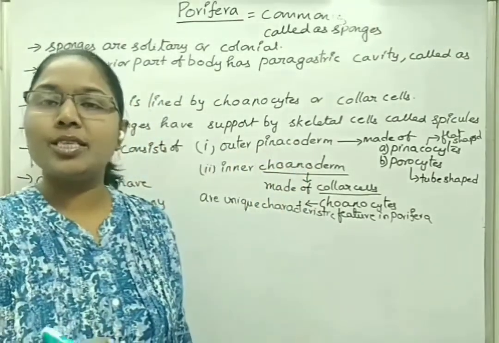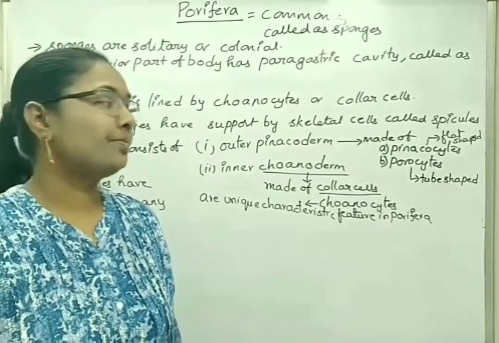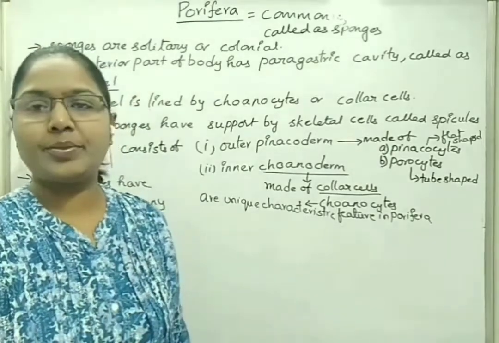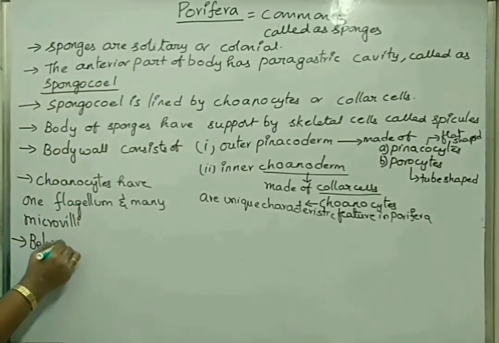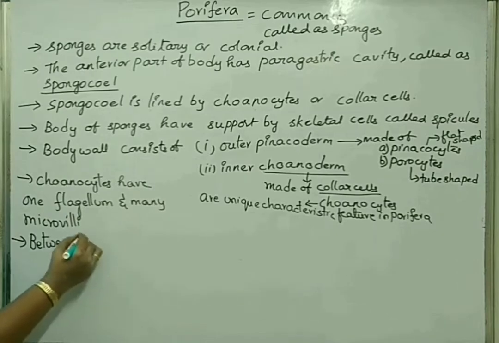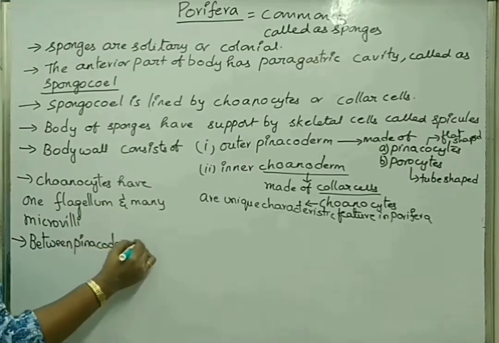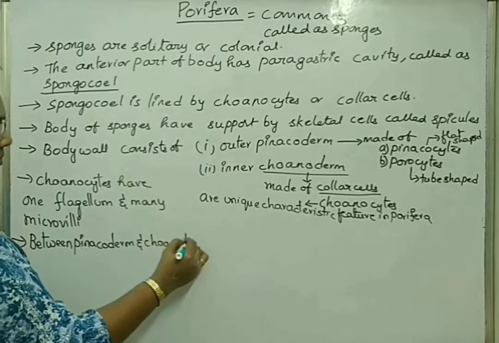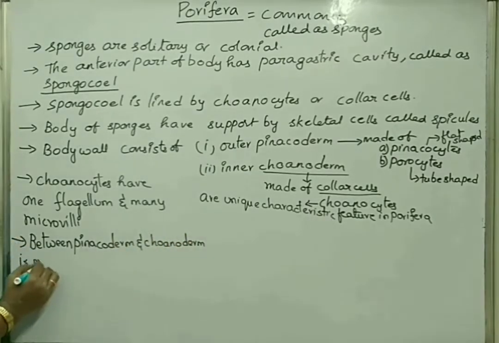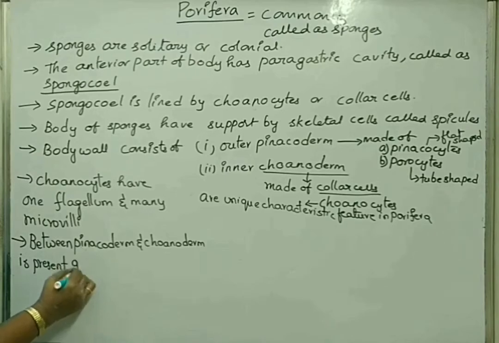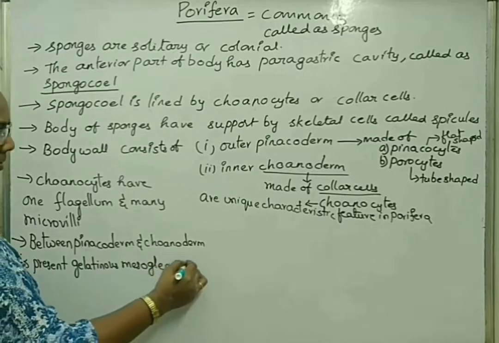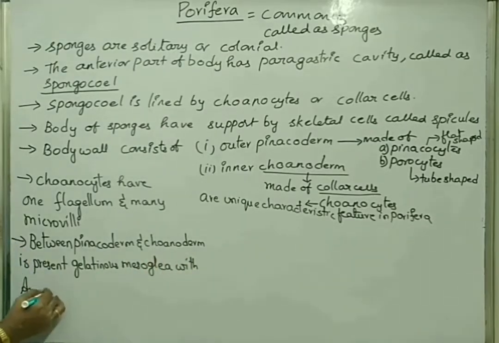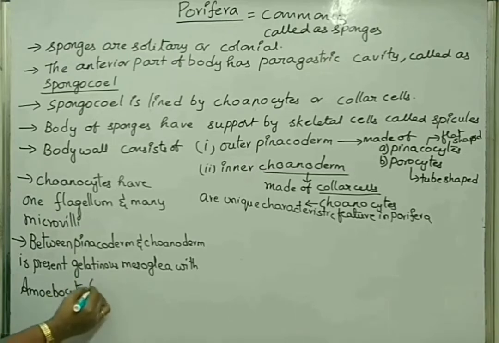We said that sponges are cellular level of organized organisms, so these amoebocytes are of different types, and each and every cell is doing its own specific function.